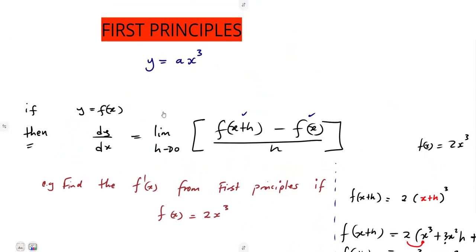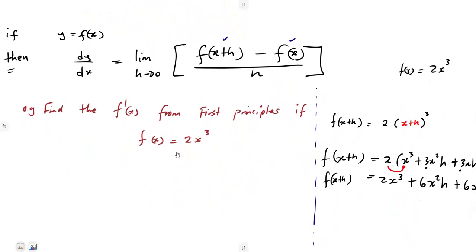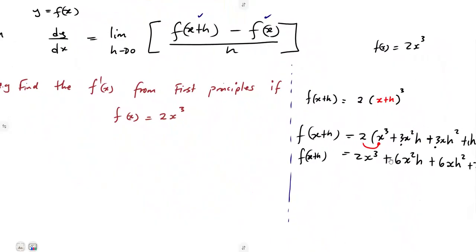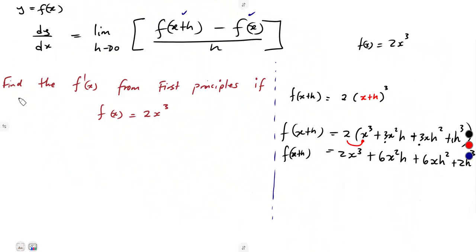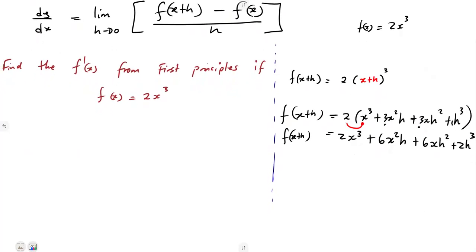Okay, let me bring it up like this. Like as we have got on our example that we are supposed to find the first derivative from first principles. We're going to use our formula, or everything that we need on the formula is there. So substitute into the formula straight.